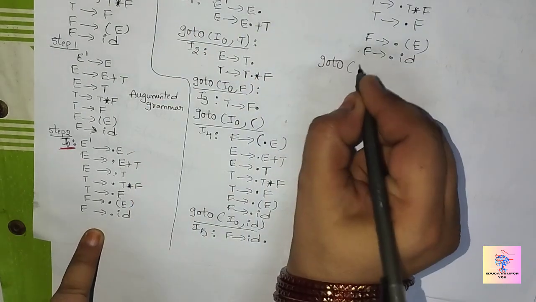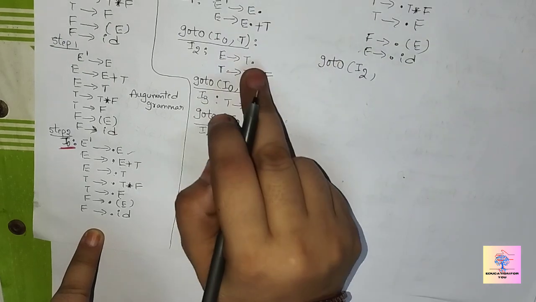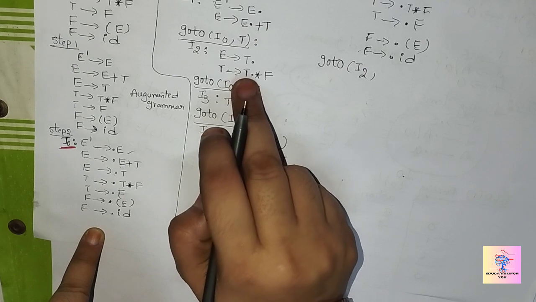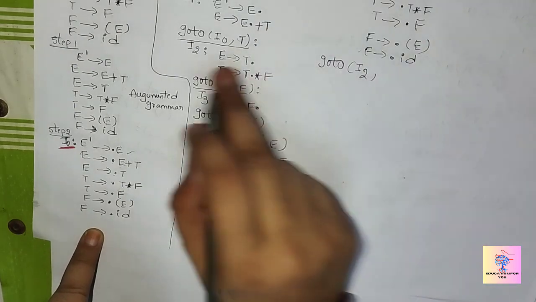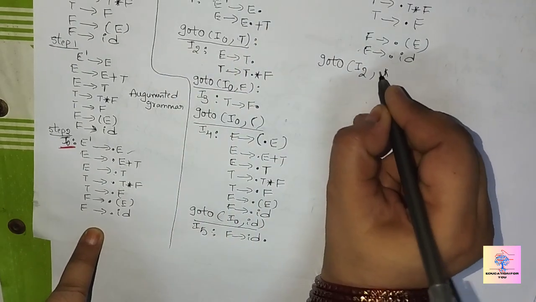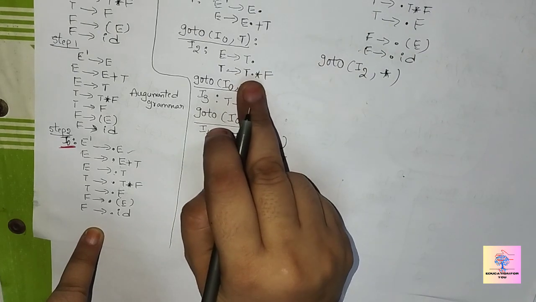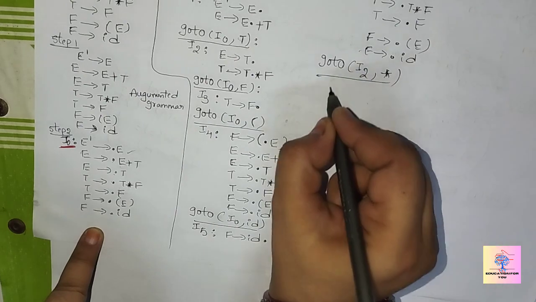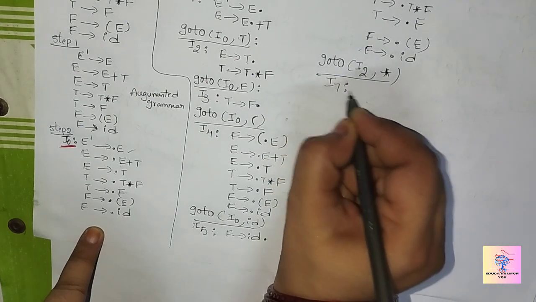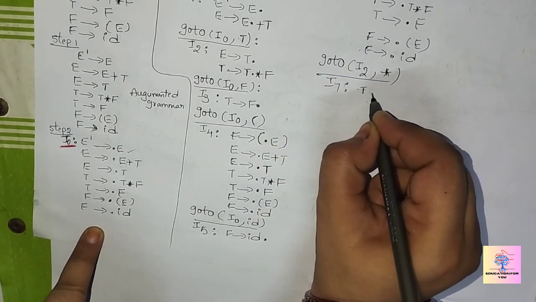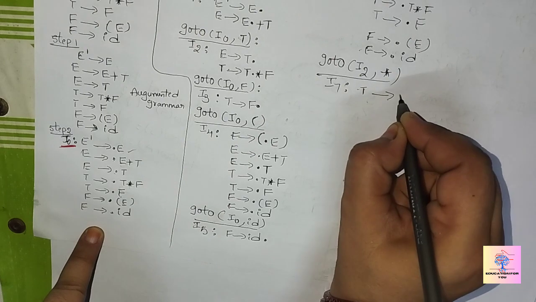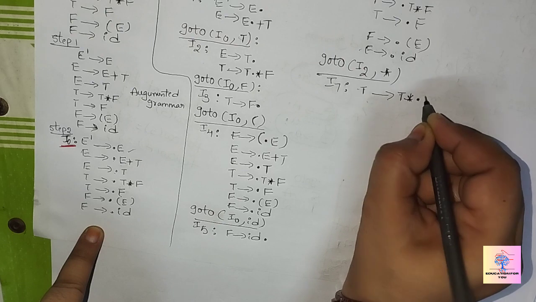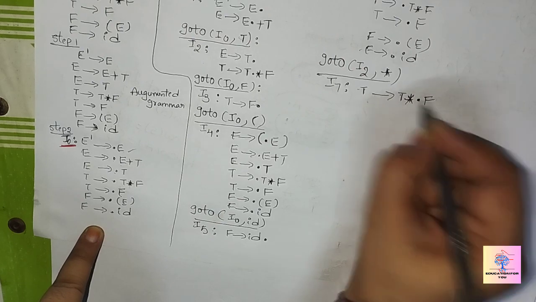Next we have to check I2. After the T dot is there, no problem. After the dot star is there, so you have to perform for I2 comma star. You have to shift the dot to after the star. Let us take that state as I7. So T is going to producing T star dot F here.